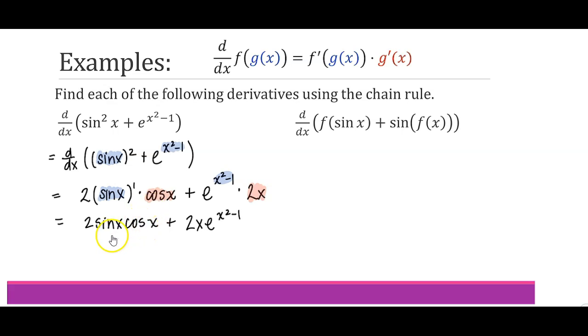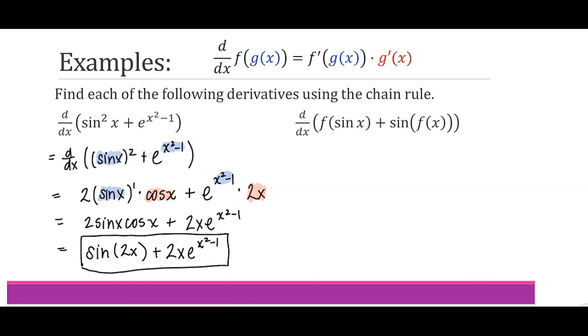Now what I want you to start to recognize, if possible early on, are trigonometric identities. 2 sine x cosine x can be simplified further using the double angle identity for sine. This is the same as sine 2x, plus 2x e to the x squared minus 1. So this would be my fully simplified answer.